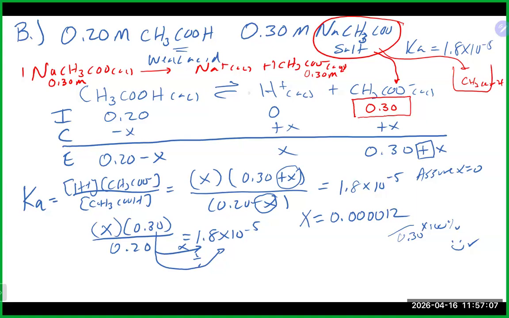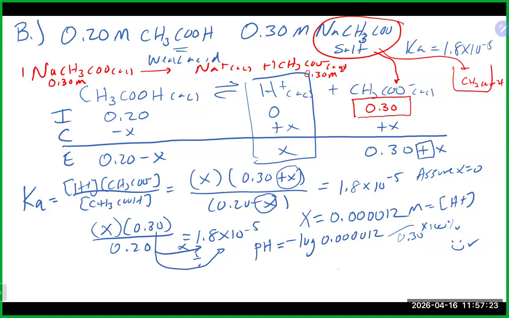That means once again, when we go to our table, we can see that x does equal the H plus concentration. Now we can get our pH by going minus the log of whatever we got there. It gives me an error because I'm logging after my number.